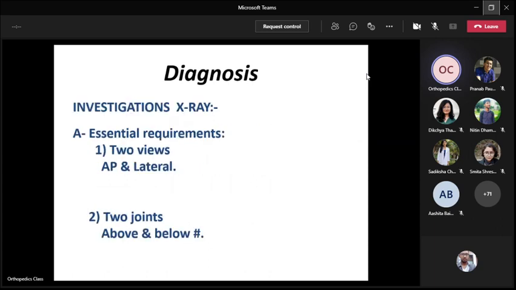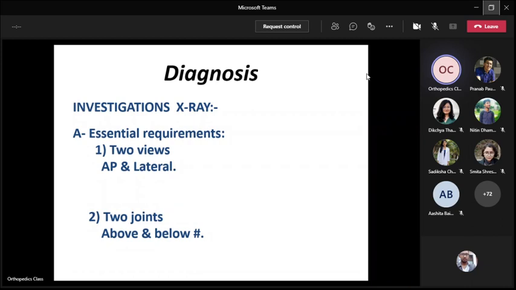Our investigation tool is mainly X-ray, which is available in every center nowadays. And there are some other special investigation tools like CT scan and MRI. That is also important. But even a good quality X-ray can give you enough information to diagnose those fractures. So X-ray is an essential requirement.